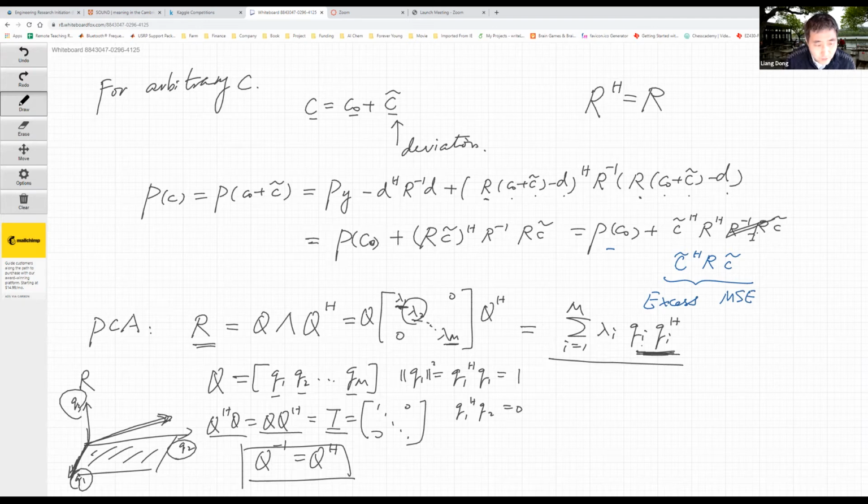So if lambda 3 is very small, close to 0, you can picture all these signals. They are in this 3-dimensional space, but they are close to this 2D plane. There's not too much elevation in the 3rd dimension. Okay, so that's a very nice idea for doing this eigenvalue decomposition.